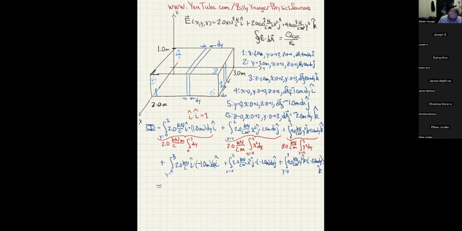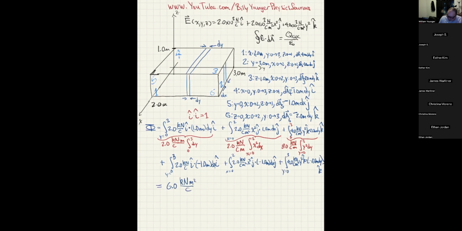this first integral, the very first one that I've got the red underline, the integral of dy just becomes y. So I'm going to get 3 meters minus 0 meters. That's going to in fact give me 3 times 2, which is 6.0 kilonewton meters squared per coulomb. The next one is going to be 2. I've already done the 1, but in this case, I'm going to integrate x squared.